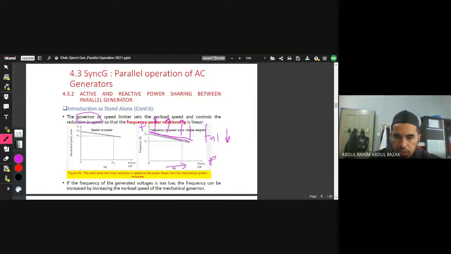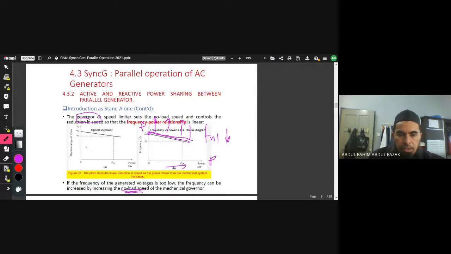We cannot just increase at the no load point while the full load is still here, because you might have a different slope. So the whole house diagram should be increased. That's the purpose of controlling the governor here, so the no load speed should be increased.